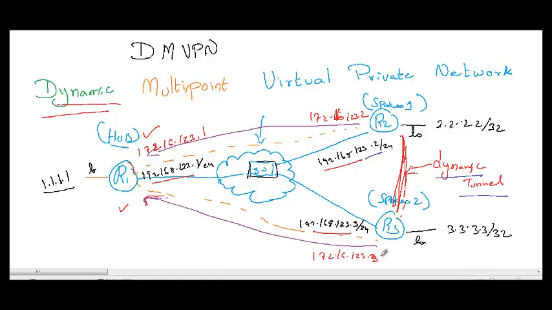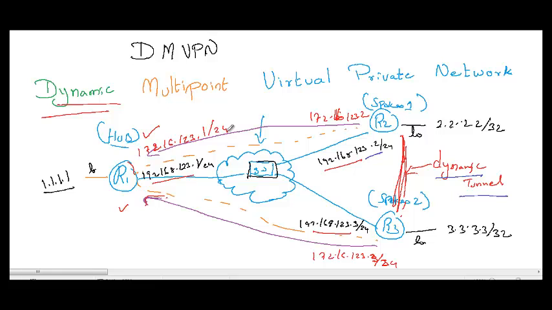These are the IP addresses we are going to have on the tunnel interfaces. Using these tunnel IP addresses, they can negotiate the tunnel using GRE multipoint and establish it. Once the tunnel is established, spokes to spoke also can establish the tunnel dynamically with the help of the hub router. This is our first step.